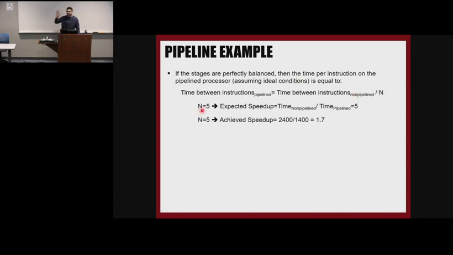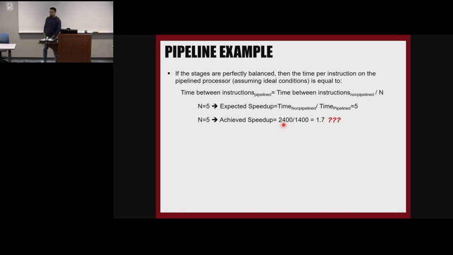So in this case, we have 5 stages, so what we expected the speed up to be was 5, because we have 5 stages, and this is how we find this speed up. But what we really found was that the achieved speed up is 2400 divided by 1400, which is equal to 1.7, right? So what is really happening here?